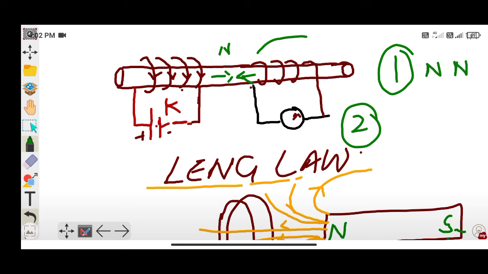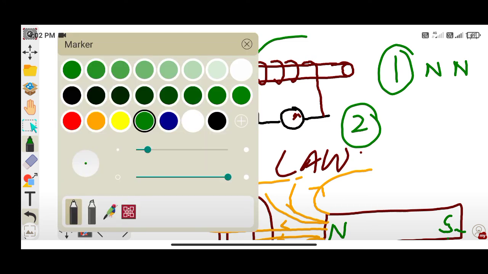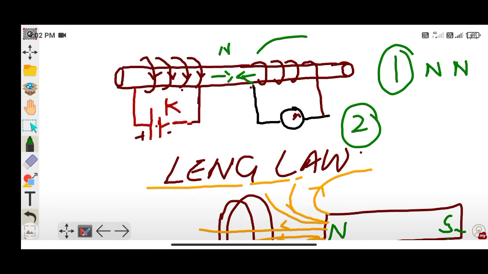Now, the second case is when you are breaking the circuit. At that time, the coil has to oppose again. The primary continues to be north, but the magnetic field is getting weaker and weaker because the current is decreasing, and it decreases in a fraction of a second.